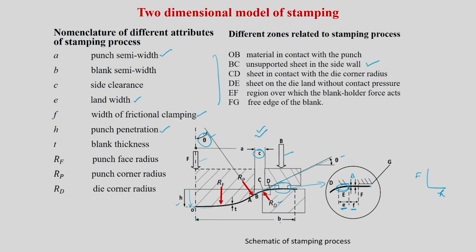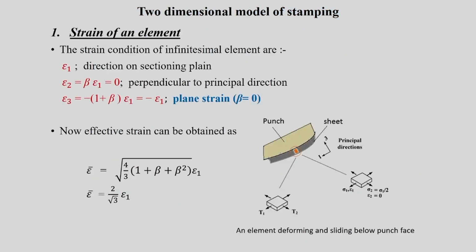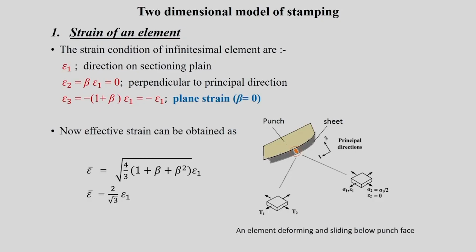Then what we are going to do is analysis on this. The usual way, we always start with the strain of an element. Assuming there is a rigid punch, shown here in yellow, below that you pick up a small element in the sheet, the orange one.